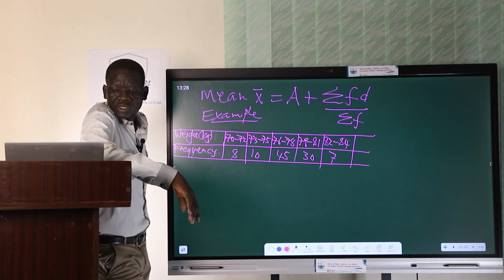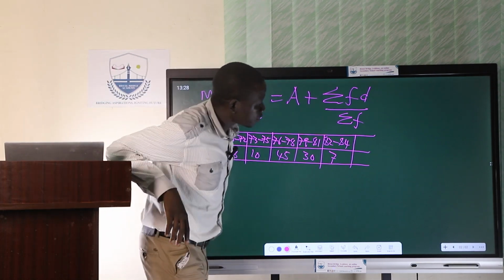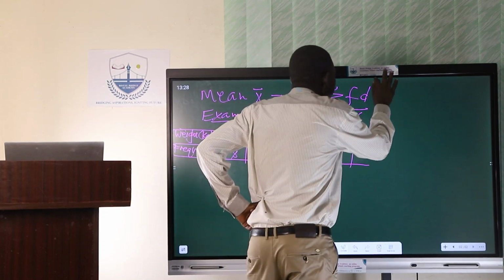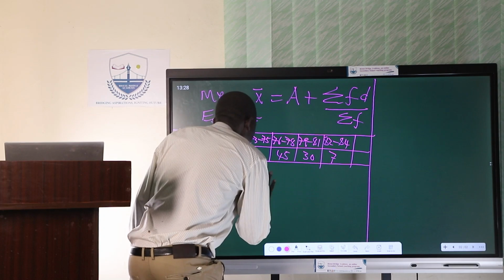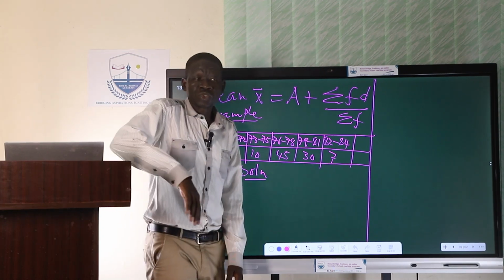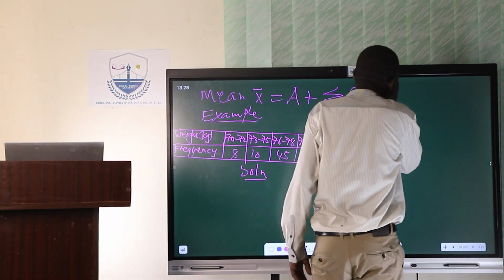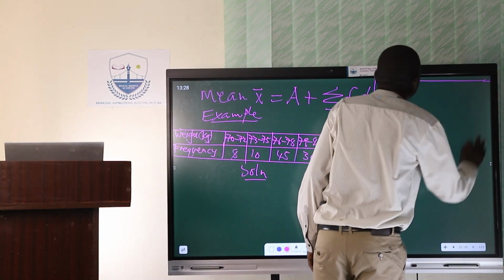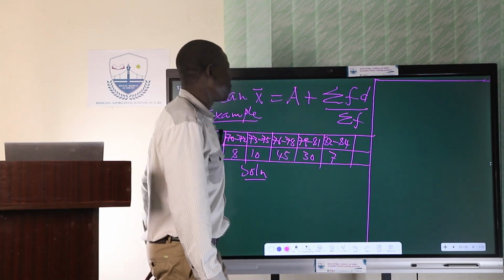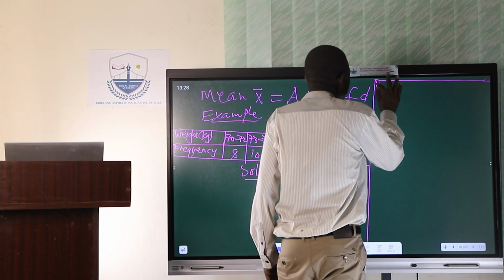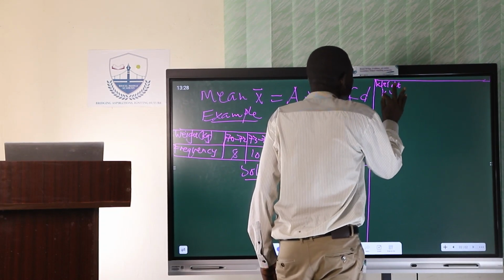So we want to calculate the mean using the assumed mean method. In this case, our solution will be we draw a table of values. Our table will look like this. First of all, we shall have the weight measured in kilograms.